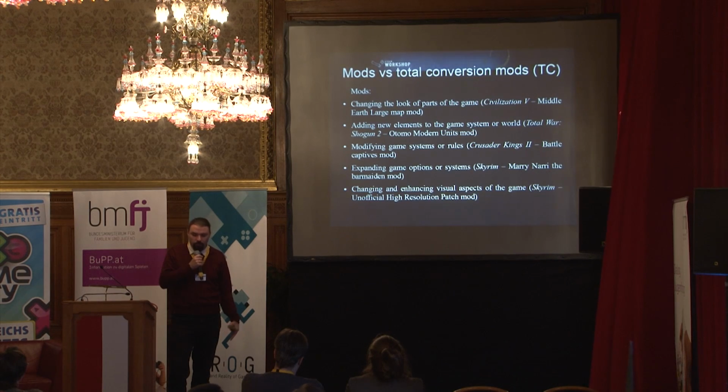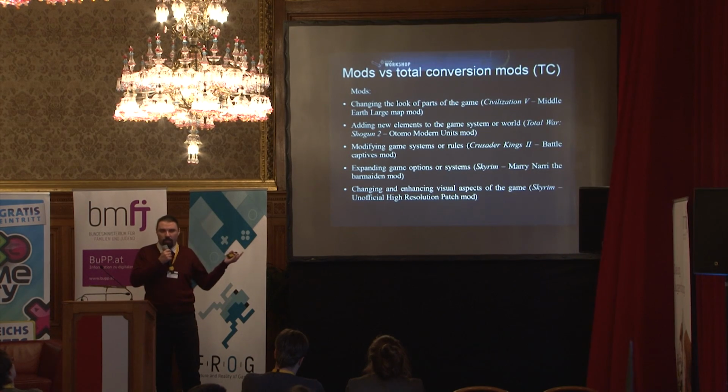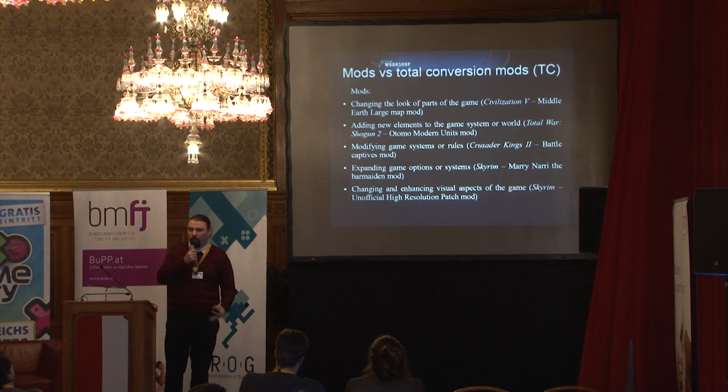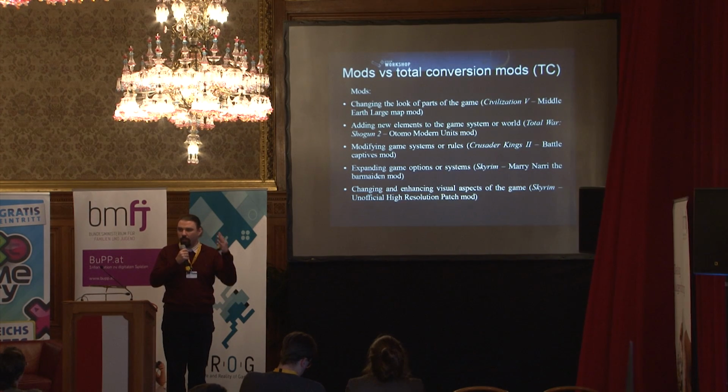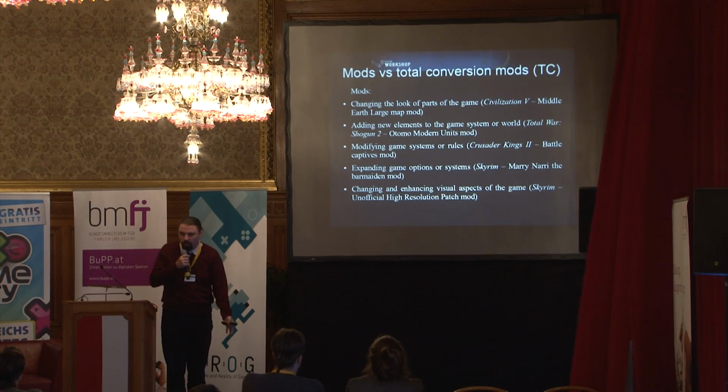They change the look of parts of the game. The most obvious example of such modifications is new maps for the game. Like for Civilization 5, you have tons and tons of mods from any kind of fiction. You have Middle-earth from Lord of the Rings, maps from World of Warcraft, from Game of Thrones, new historical maps.